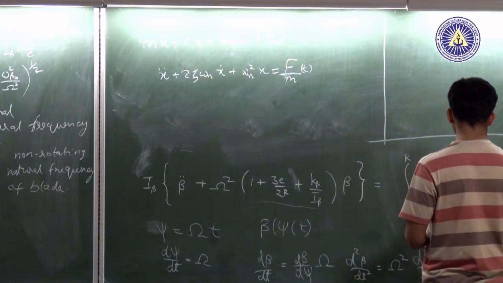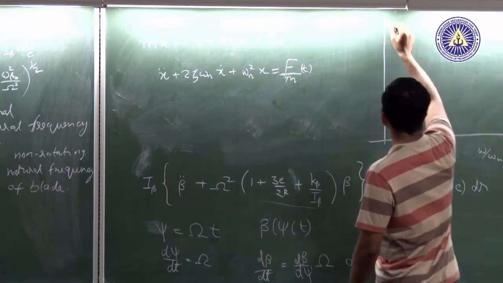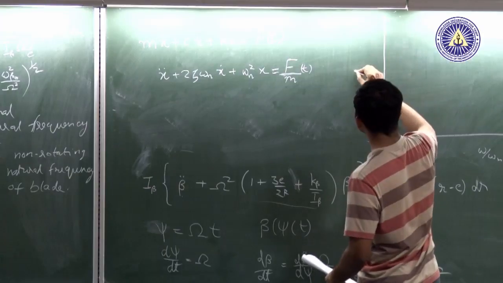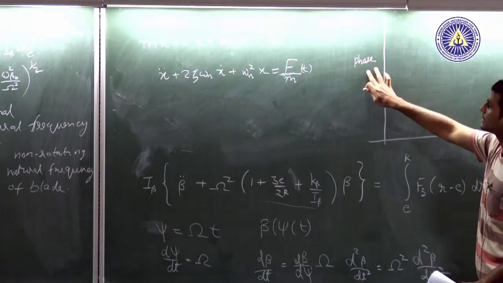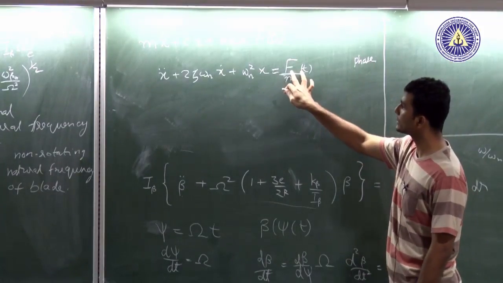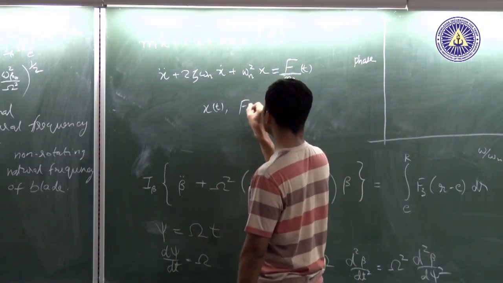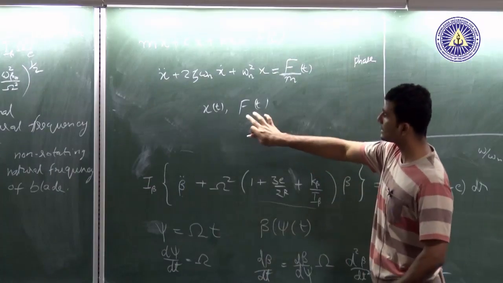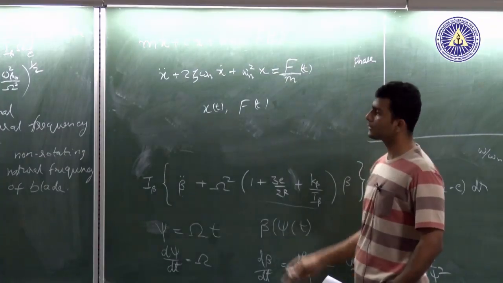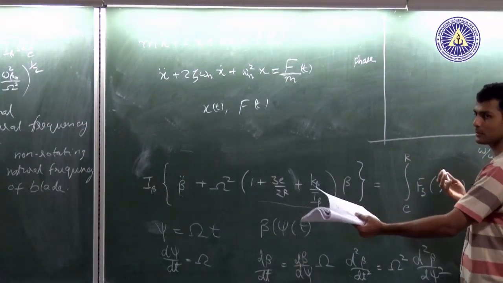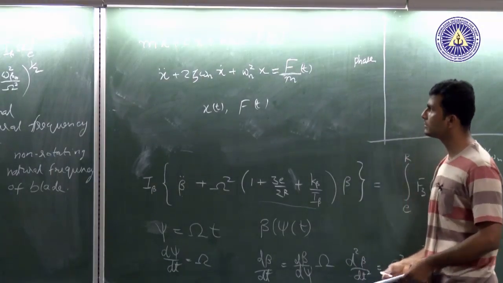I have omega by omega n for the spring mass damper system, and here is my phase angle. By phase angle I mean the phase difference between the input forcing function and the response. The response is x of t and the input is f of t. Let's say f of t is periodic, then you will have a periodic x of t. The frequencies are going to be the same, but it is phase shifted, and the amplitudes are different because this is a linear system.